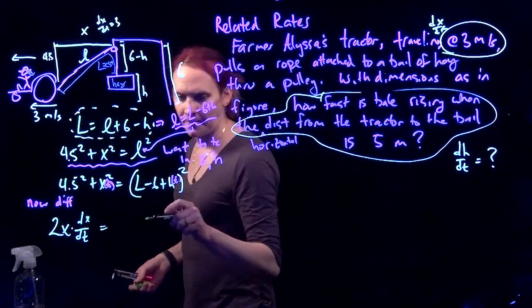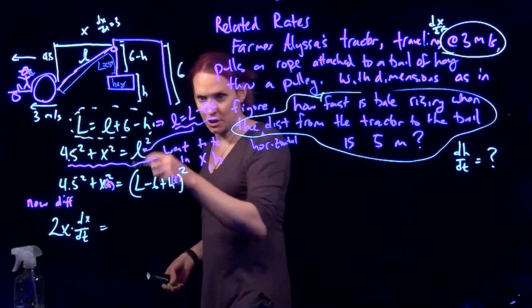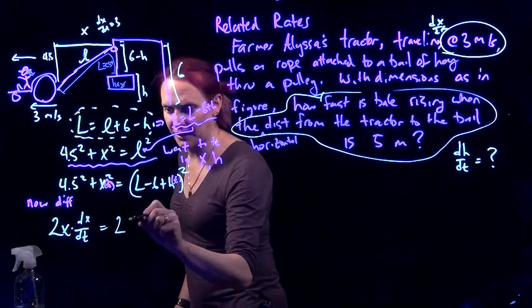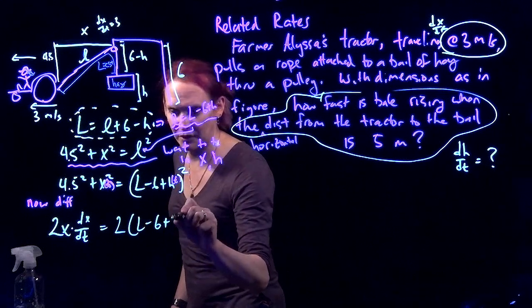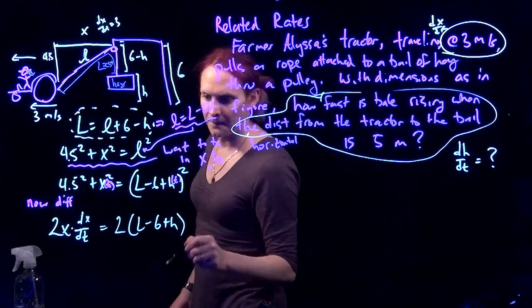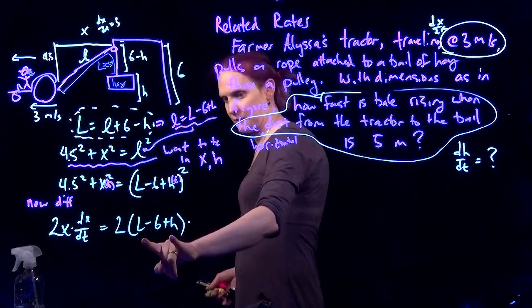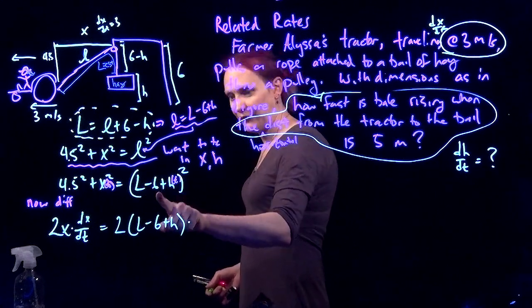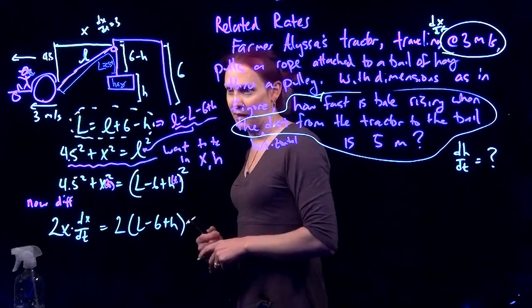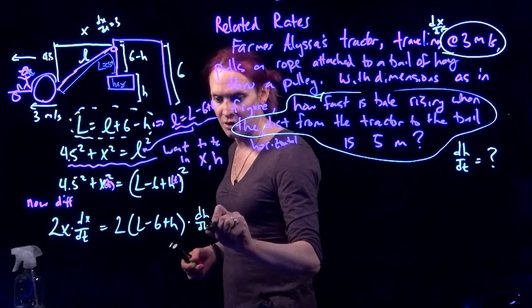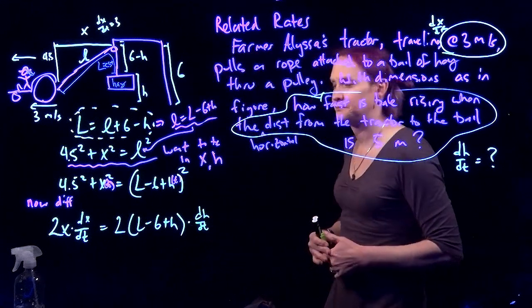That equals, let's do the chain rule on this: 2 times (L minus 6 plus h) times the derivative of the inside. L is a constant. 6 is a constant. h is totally not a constant. So times dh dt.